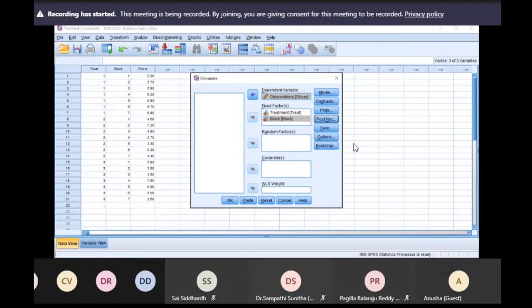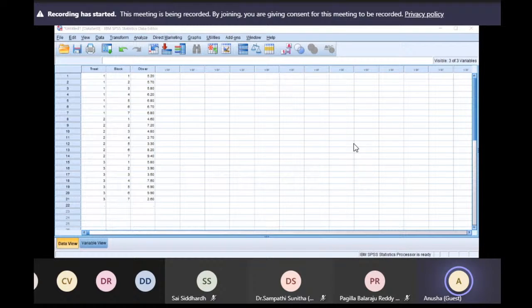Then you see the other part, the model that you select. You select Model. In that one only. Is it visible now? Yes.